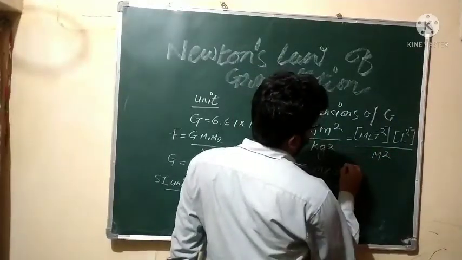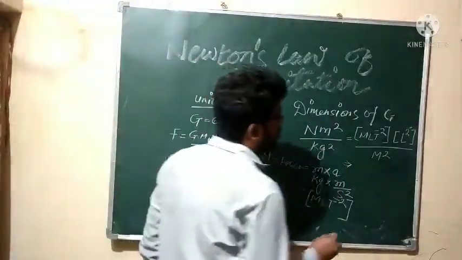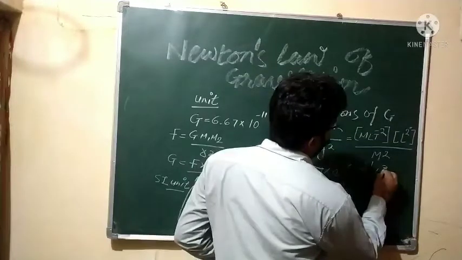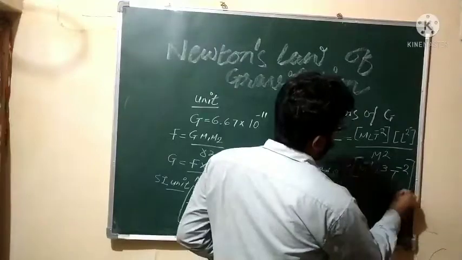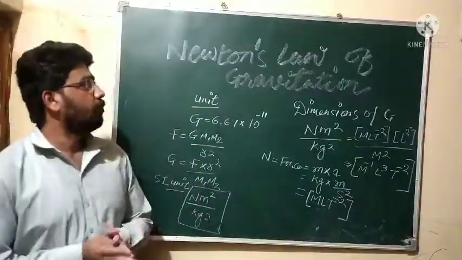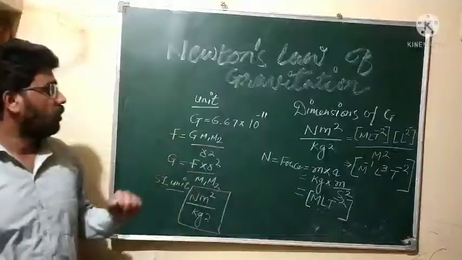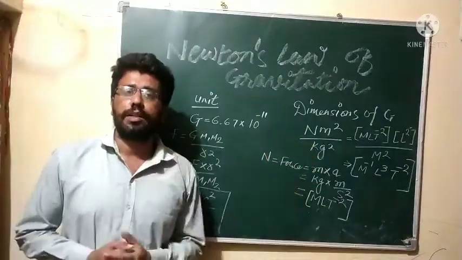And if we solve this, then finally the dimensions of G is M inverse L cube T minus 2. So this is the dimensions of G. So this is all about our Newton's law of gravitation. We have derived the formula, the SI unit, and we have also derived the dimensions of G. Thank you very much.